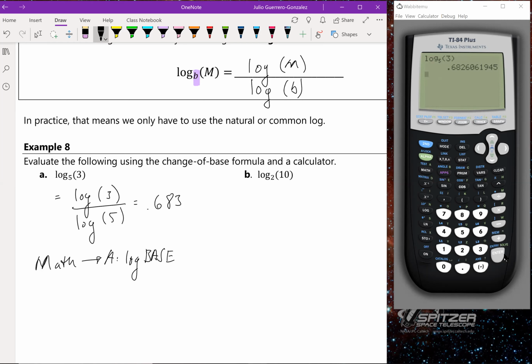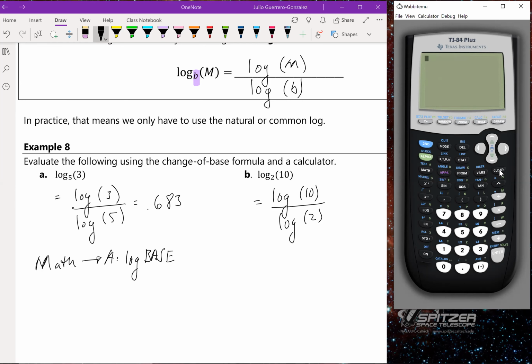Does that make sense? These are all easy. Same thing here. This is log base 10 over log of 2.